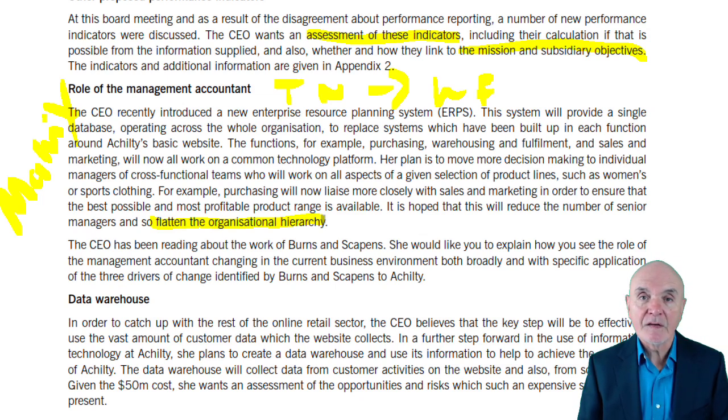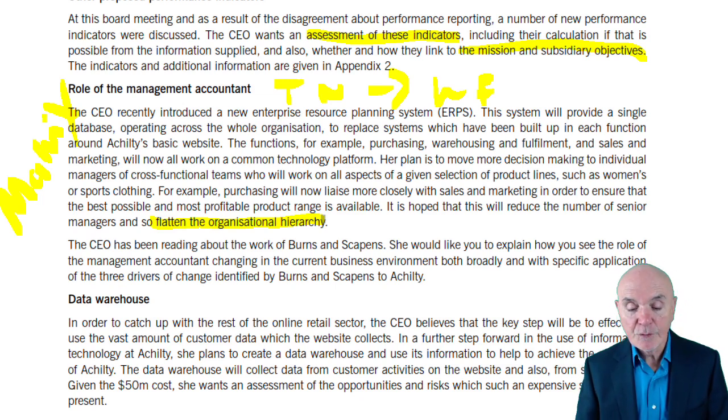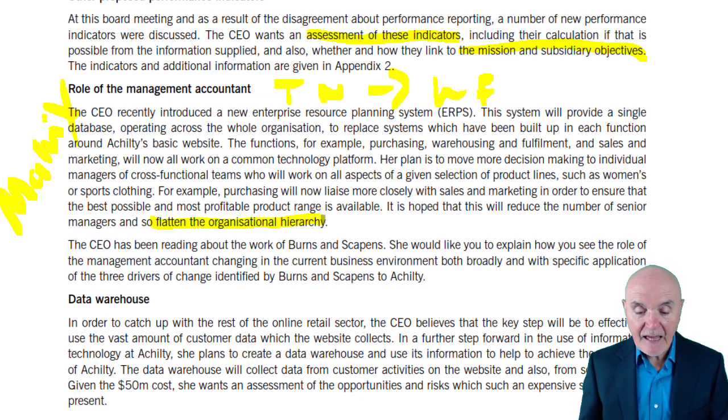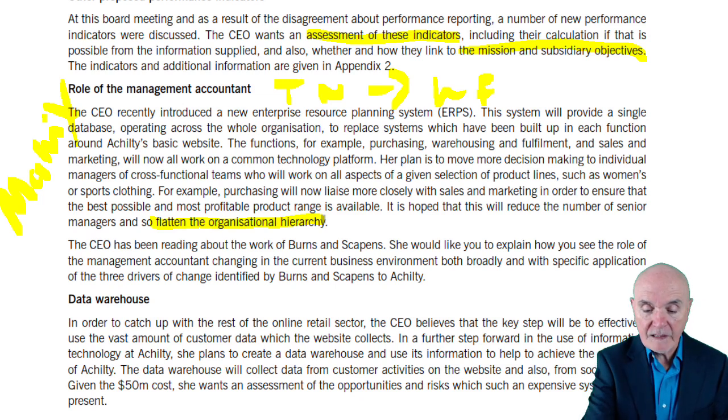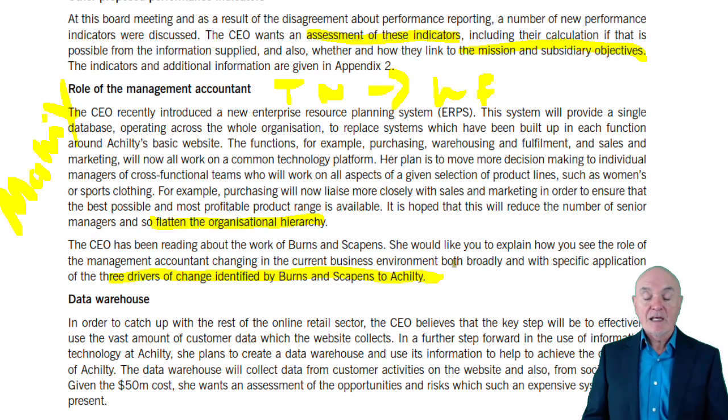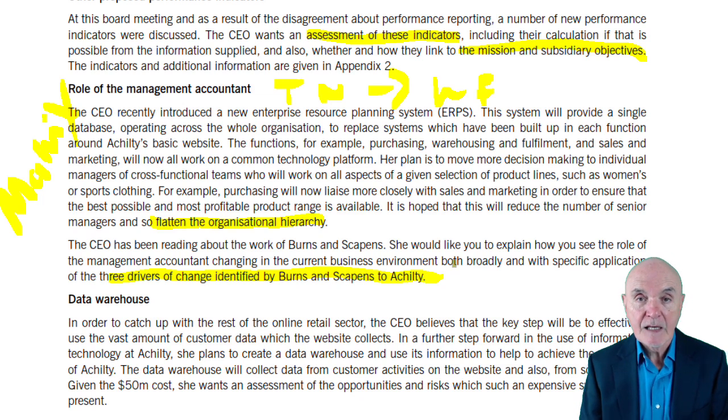Because there is a very specific area of the syllabus which is being addressed here, and if you don't know what Burns and Scapins suggested, and as it says further on here, it talks about 3 drivers of change identified by Burns and Scapins. If you don't know those, you can't make them up in the exam, and I think it's about 11 marks gone or something from that.